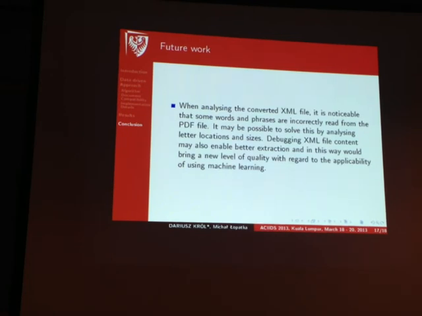So this is our further aim for this work: if we just require the source file from the author, we can make the right presentation, the right paper ready to publish.